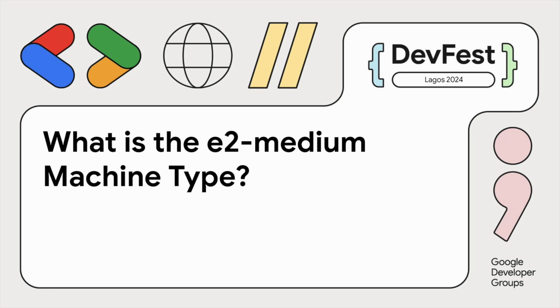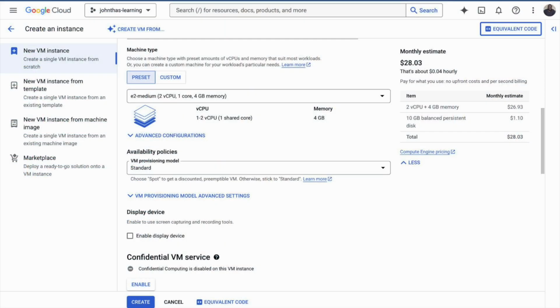Okay, so let's talk about the E2 medium machine type. What is it, and why are we using it? So if you try to create a VM instance and you pick the E2 medium machine type, you see that it has 1 to 2 virtual CPUs, but it has a shared core.